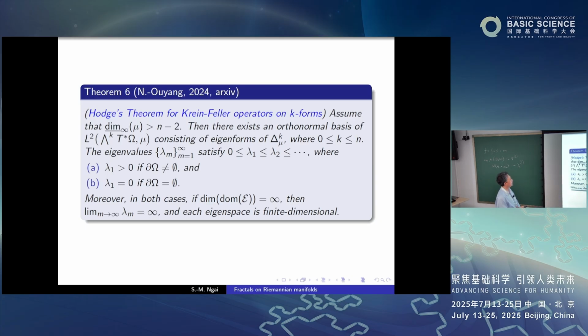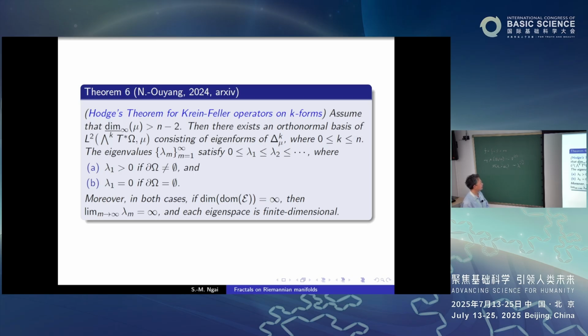So again, with this condition, the infinite dimension is greater than n minus 2. This is an important condition even in Rn. The result could be false if we do not assume this condition.